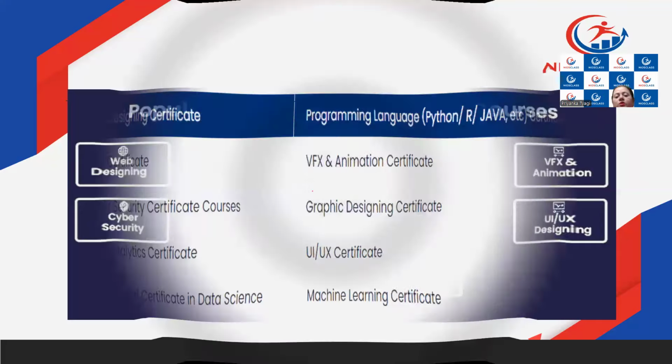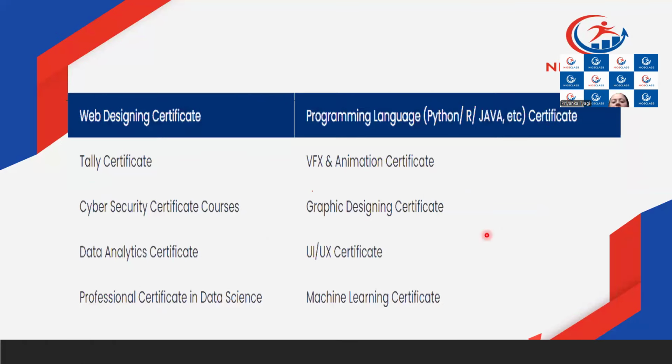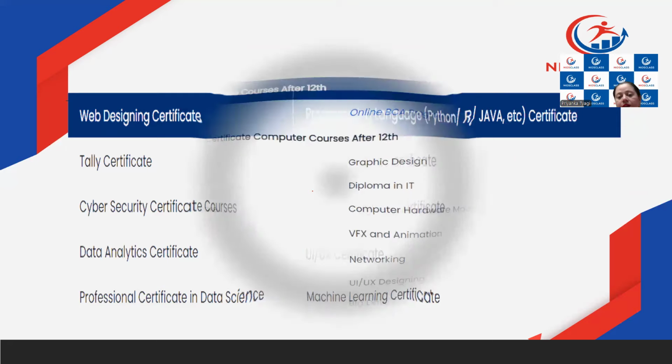Okay. So you can see web designing certificate, right? Programming language, which type of programming language? As I have already told you: cyber security, data analytics, professional certificate in data science, VFX, graphics designing, UI, UX, machine learning certificates you can opt for. And these languages are in boom: Python, R, Java certificates.